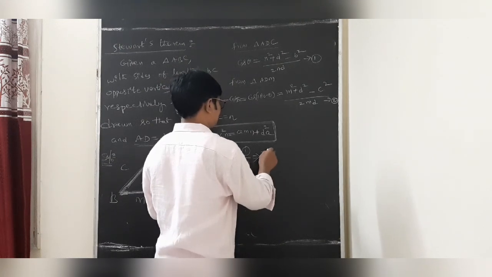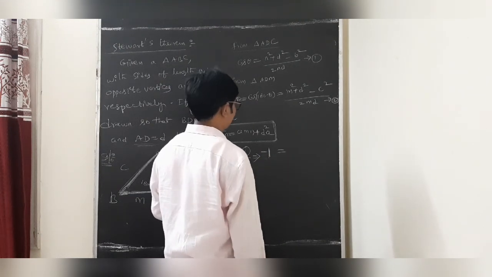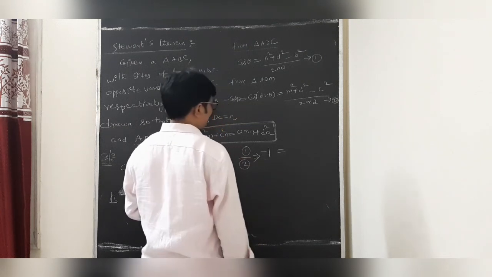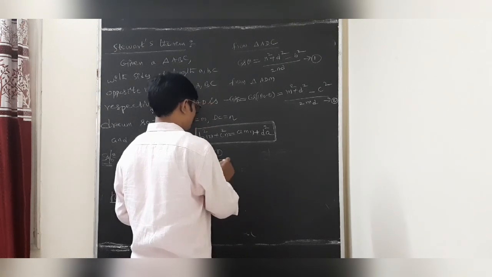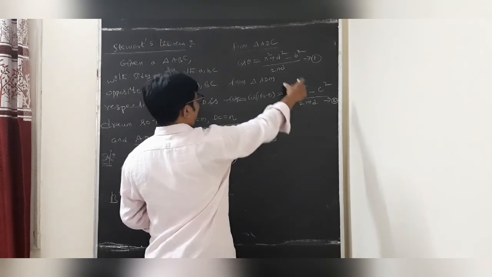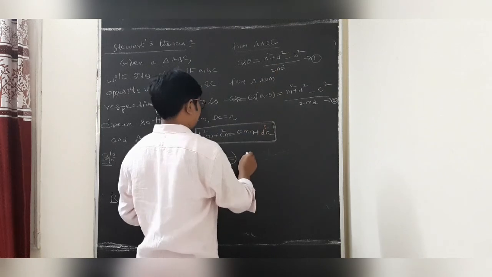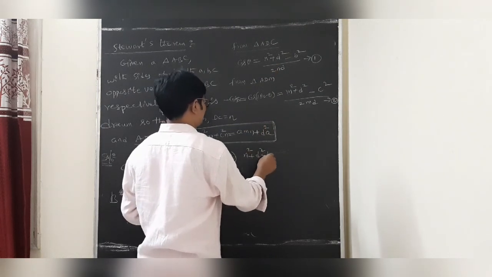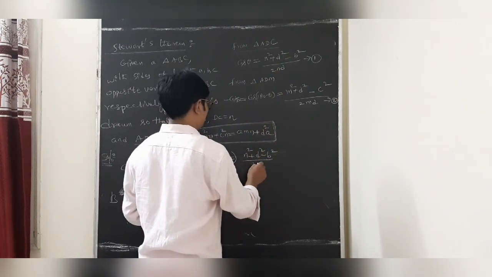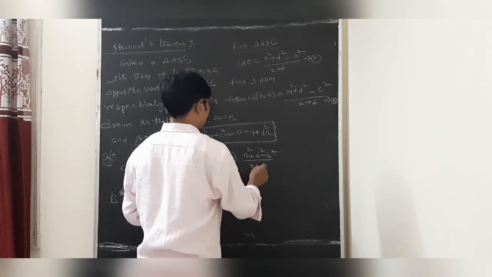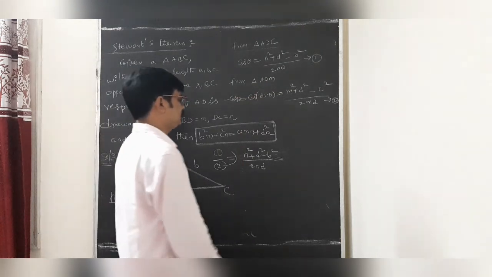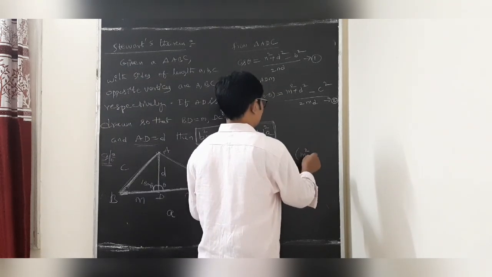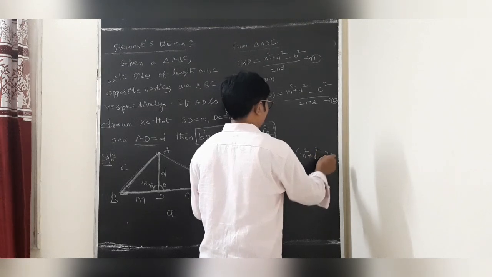So minus 1 equals n square plus d square minus b square by 2nd, divided by minus of m square plus d square minus c square by 2md.